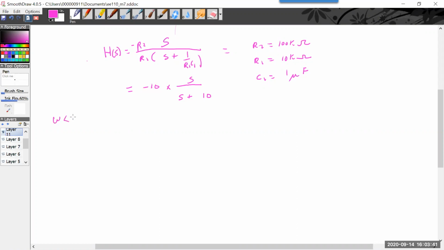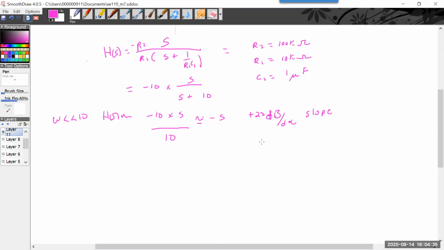When omega is a lot less than 100, H of s becomes minus 10 times s divided by 100. So the transfer function is approximately equal to minus s/10, which is really the 20 dB per decade slope line.